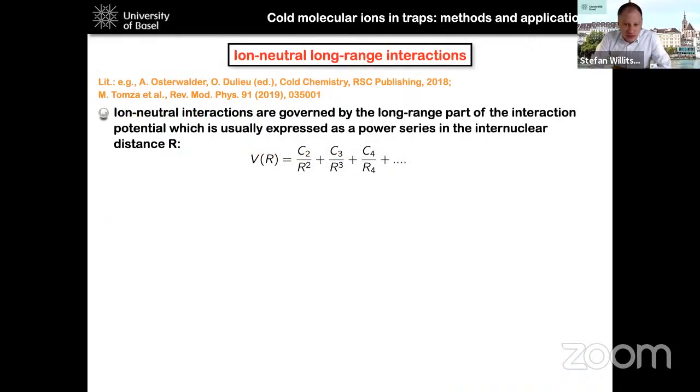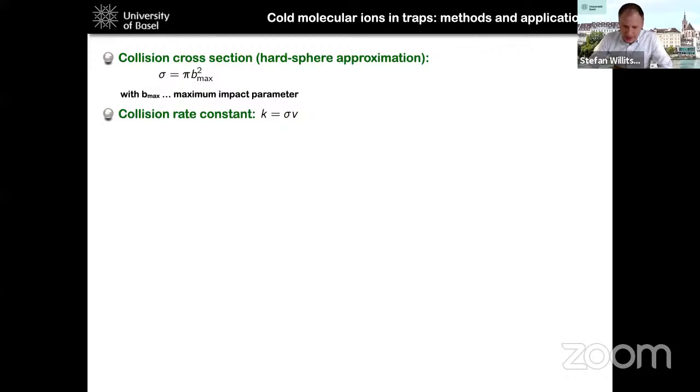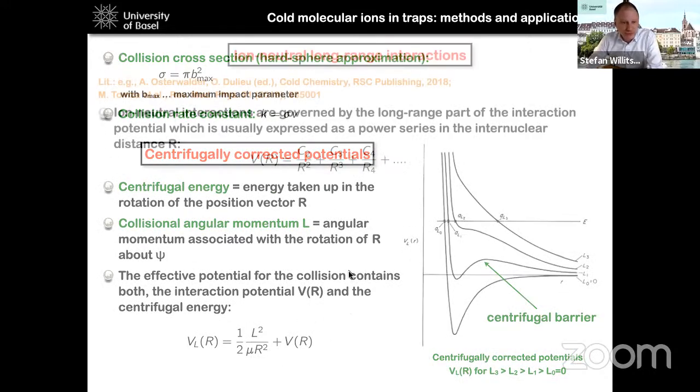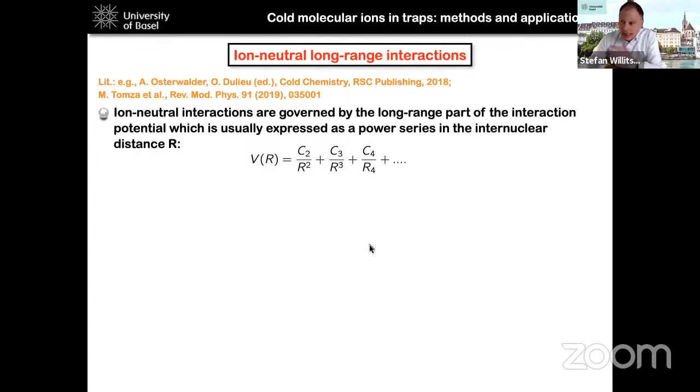Okay, so let's talk a bit more about interactions between ions and neutrals. In other words, let's talk a bit more about this interaction potential V of R. Our topic is ion-neutral interactions. And thankfully, it turns out that ion-neutral interactions are very often governed just by the long-range part of the interaction potential, meaning the attractive long-range part that I have been referring to.